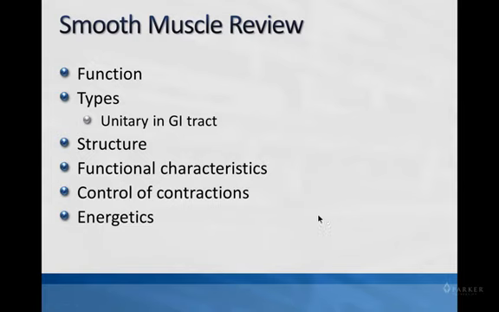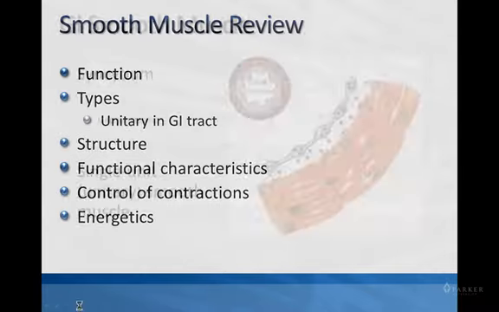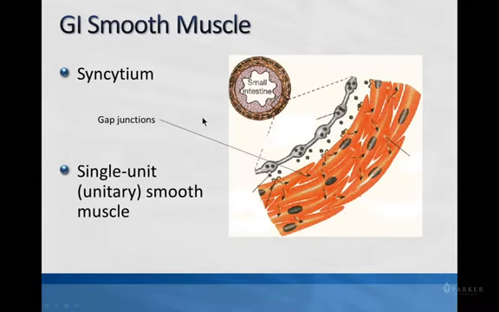But one thing that I did cover, but I'm going to mention again, if you look in your notes where it says GI smooth muscle, axis, and syncytium, that's where we are in your notes. So there is unitary smooth muscle found in the GI tract. And having this particular type of smooth muscle allows it to act as a syncytium, kind of as a unit.